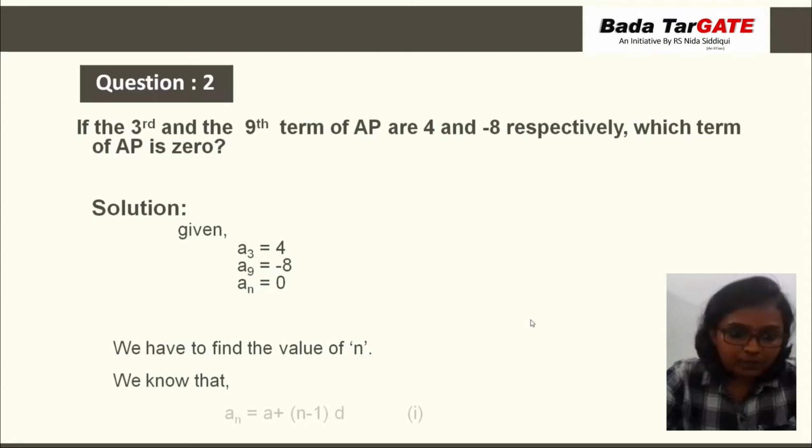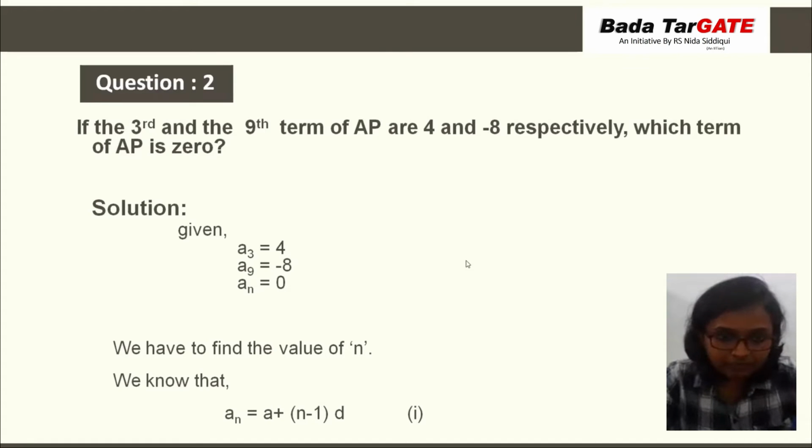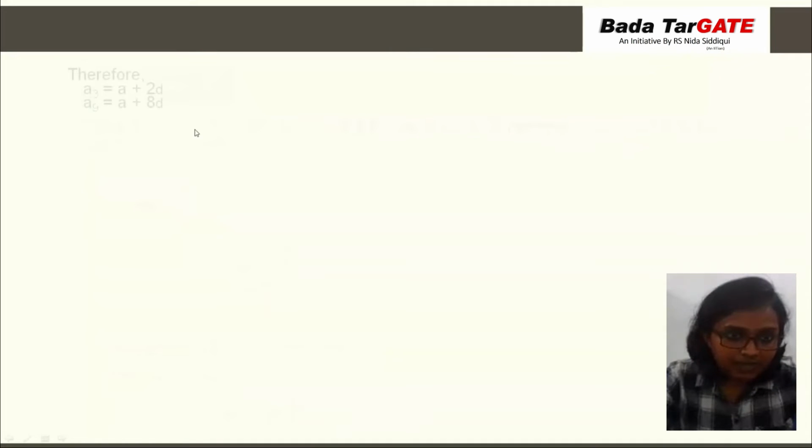So we know the equation to find the nth term of this AP, which is An is equal to A plus (N minus 1) into D. So now we shall substitute the values of A3 and A9 in this equation. So it will come like A3 is equal to A plus 2D and A9 is equal to A plus 8D.